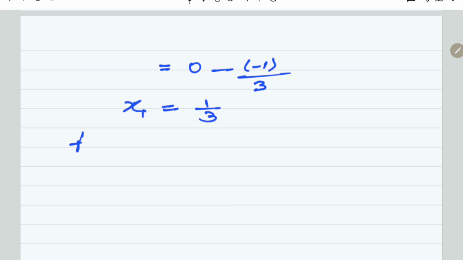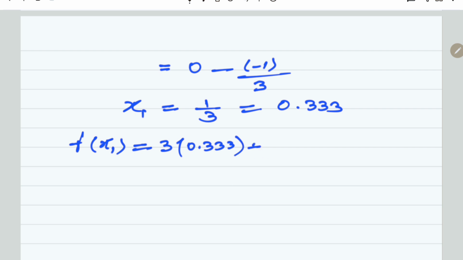And then, to check whether this is the required root or not, we find the corresponding function value. If it is nearest to 0, stop, otherwise continue. Therefore, substituting x is equal to 0.333 in equation 1, we get 3 into 0.333, sine of 0.333, and minus e raised to 0.333.